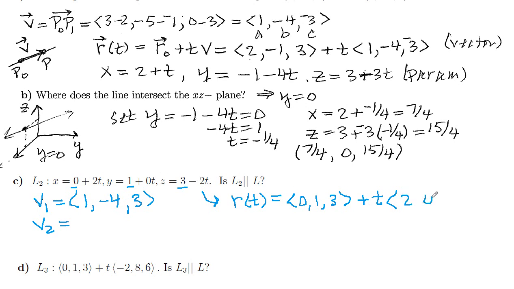So (2, 0, -2). Here's our second direction vector, (2, 0, -2).